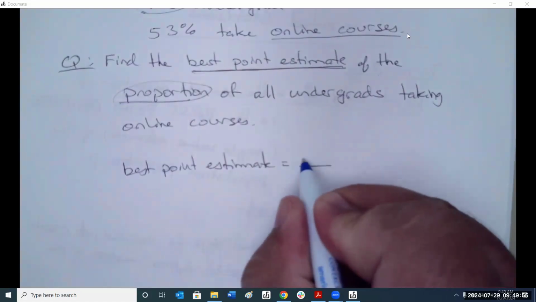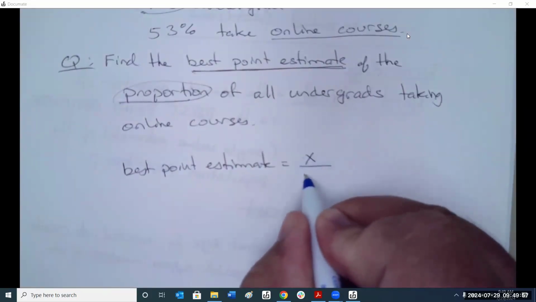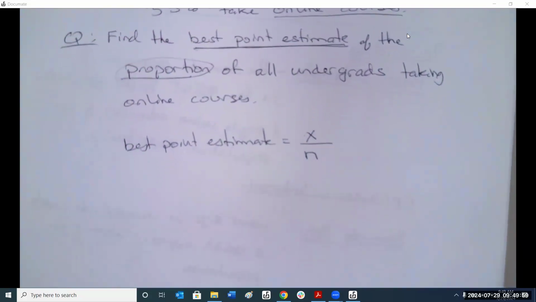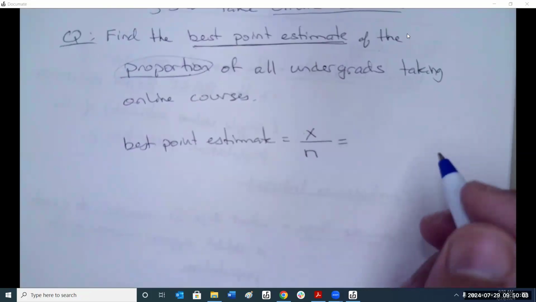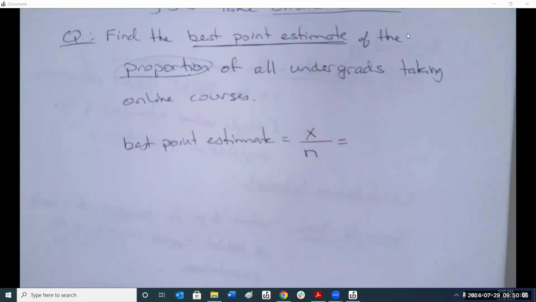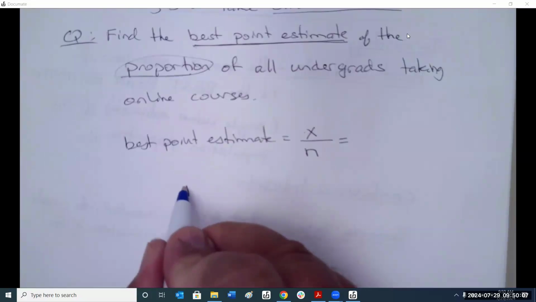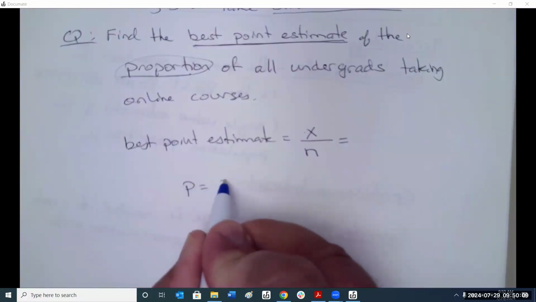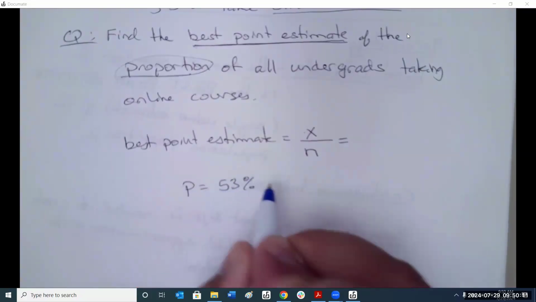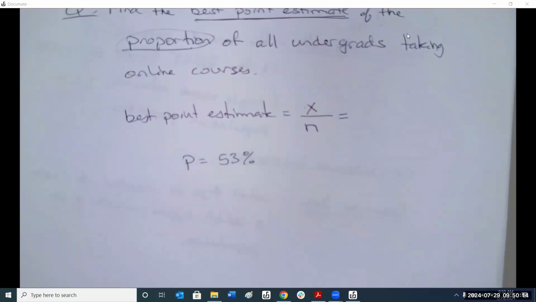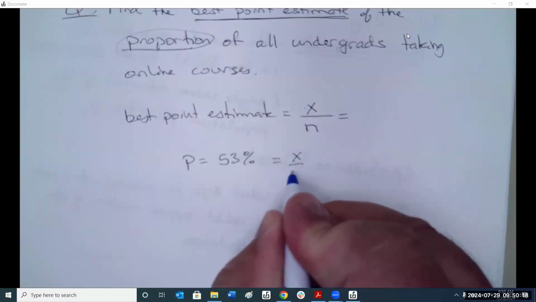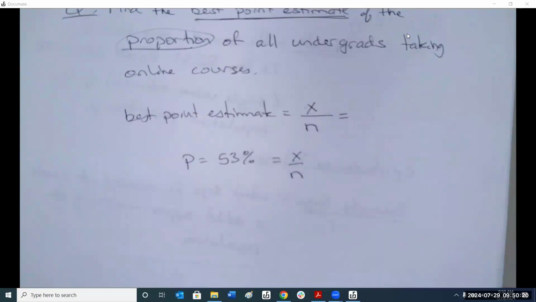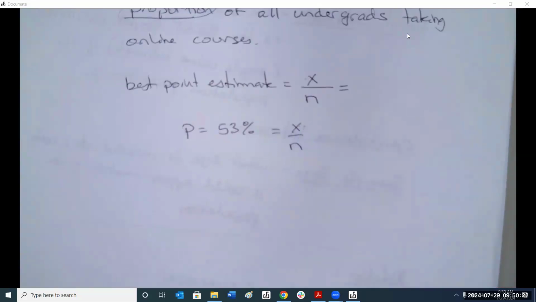So our formula is this. How many students are taking these courses? Well, we know that p is 53%. So which one of these two numbers do we know?